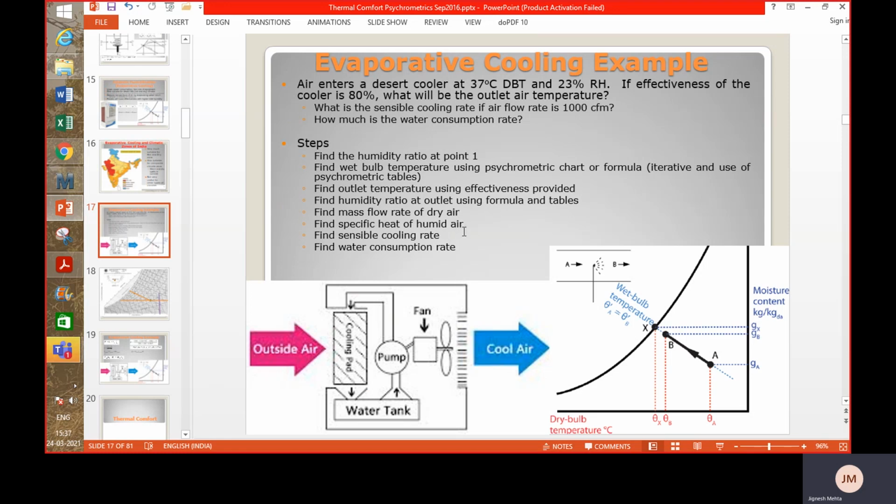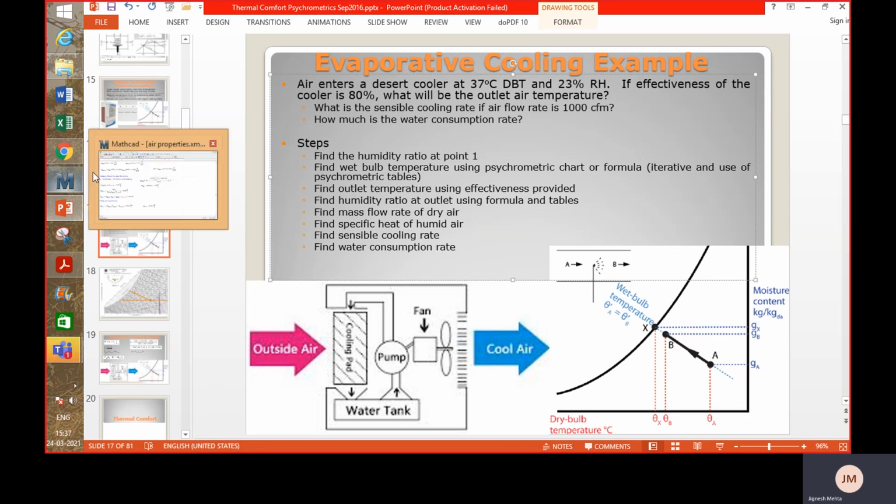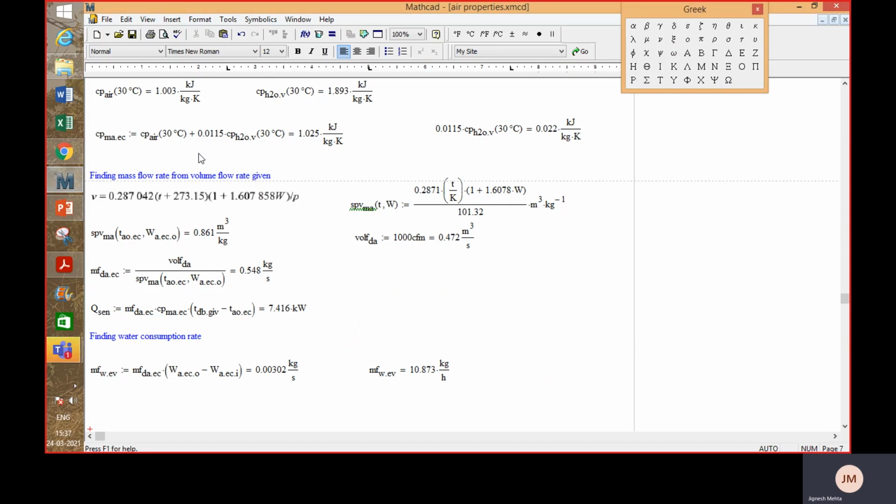Only then, with Cp, the specific heat, can you get the sensible cooling rate. And then once you get the humidity ratio at inlet condition and outlet condition, you can get the water consumption rate. So this is the sequence in which we'll be solving this example. I have solved this example with the help of a program, and I'll also explain to you the process of how you can solve it.